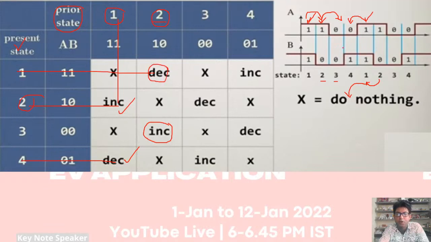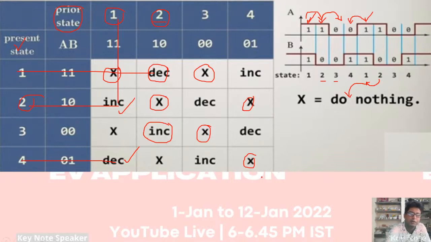So all the 4 conditions I am mapping here, and the other areas I am keeping as don't care. These are the don't care conditions. Okay, so I have made the complete truth table. So we will use this truth table to calculate the RPM. Let us see how it is.